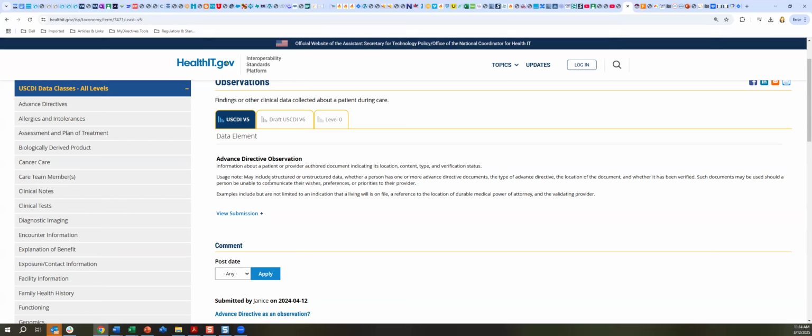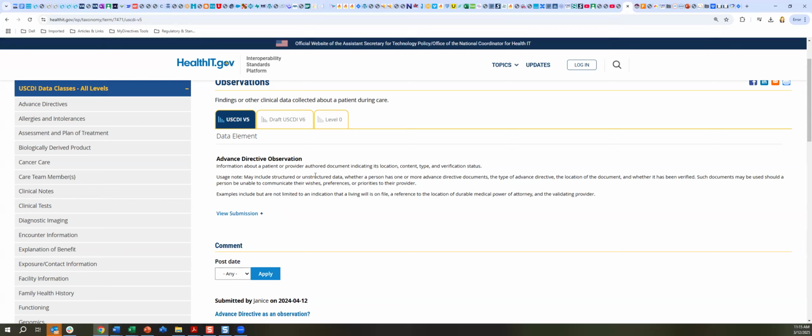And then there are these usage notes, and these are really helpful to vendors who are trying to adhere to the requirements of USCDI. So the usage note is, hey, this can include structured or unstructured data. And remember, that means metadata that's rich and has meaning, or a scanned document that's been placed inside a system, and that scanned document is going to be made available.